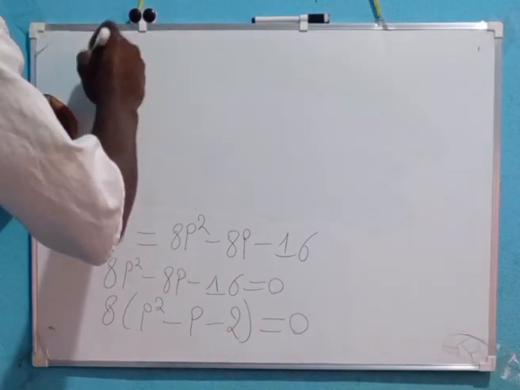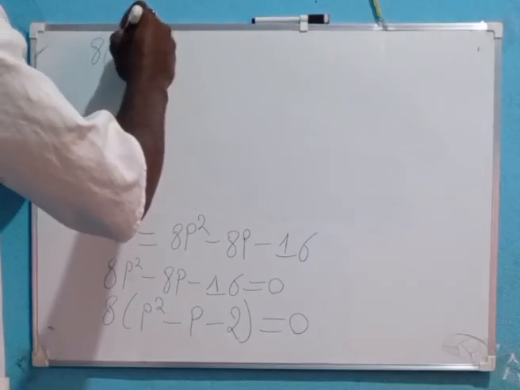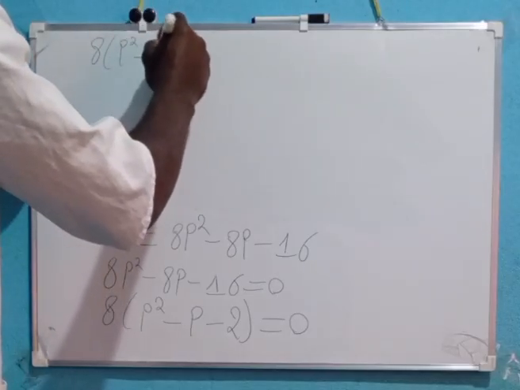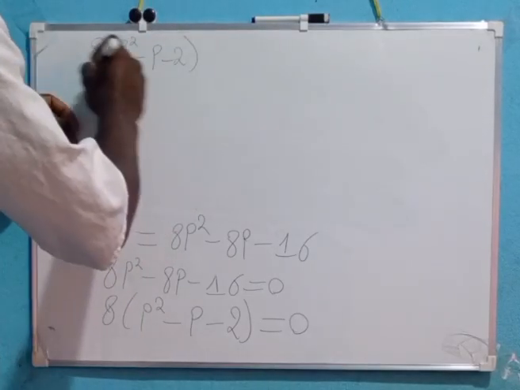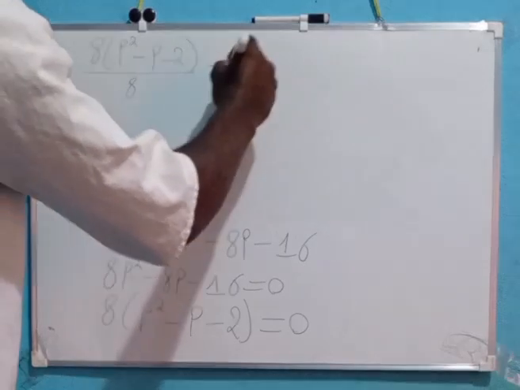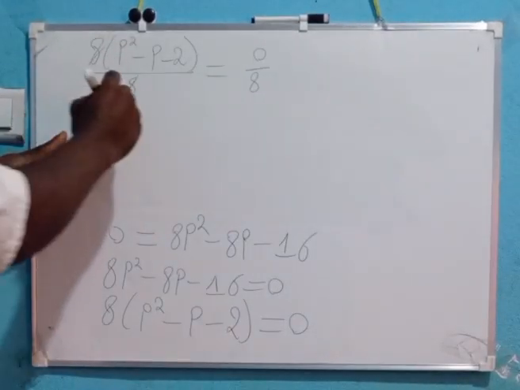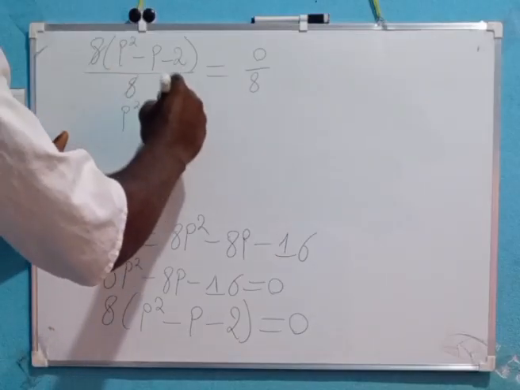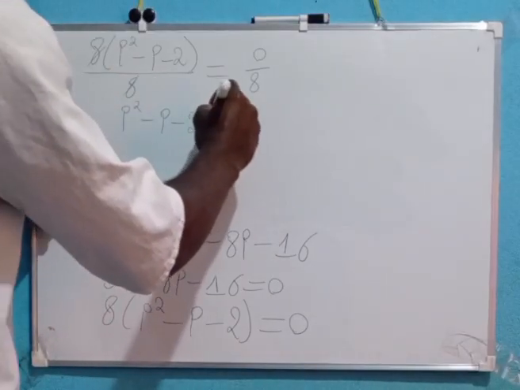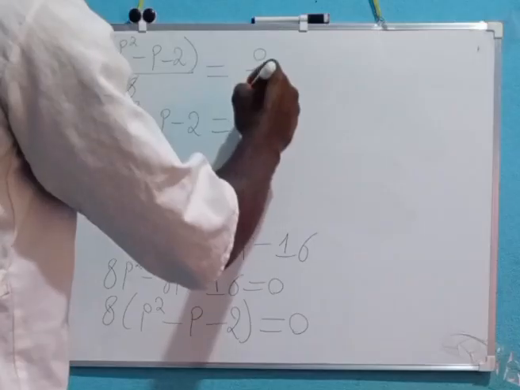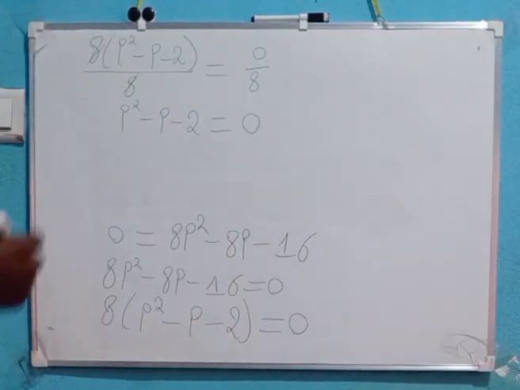Dividing all through by 8, 8 times p squared minus p minus 2 divided by 8 is equal to 0 divided by 8. 8 will strike off 8, we will be left with p squared minus p minus 2 is equal to 0 divided by 8 gives us 0.